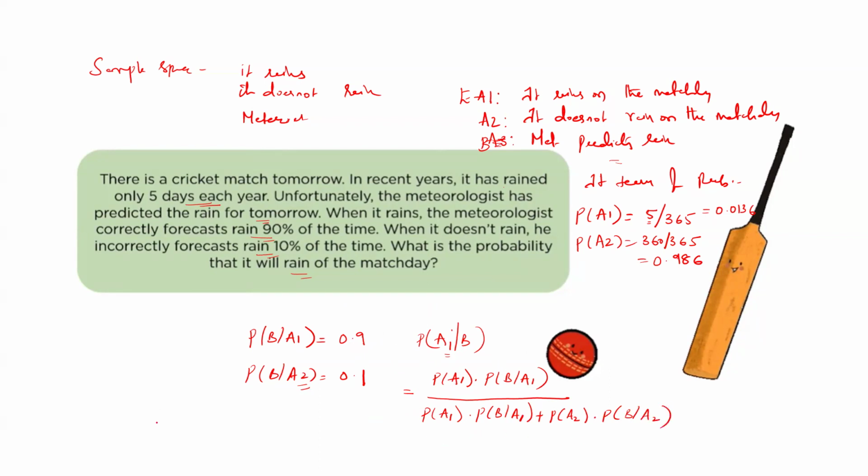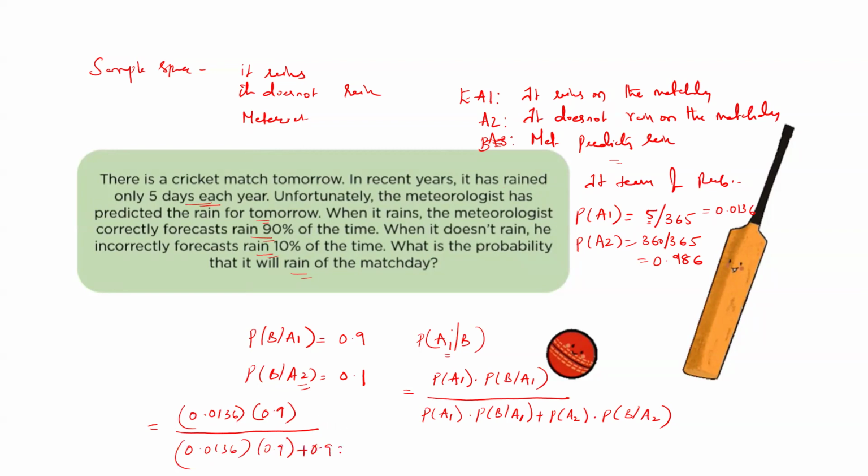So let us substitute all these values. We already calculated all these values. So what is the probability of A1? It is 0.0136, into probability of B given A1, that is 0.9, divided by the same 0.0136 into 0.9, plus what is the probability of A2?